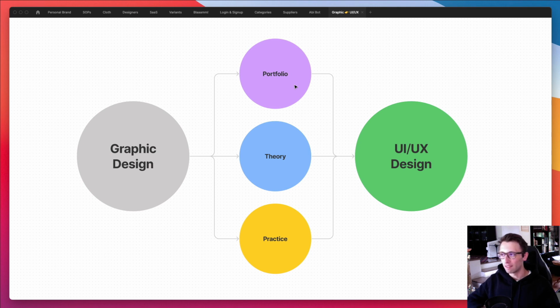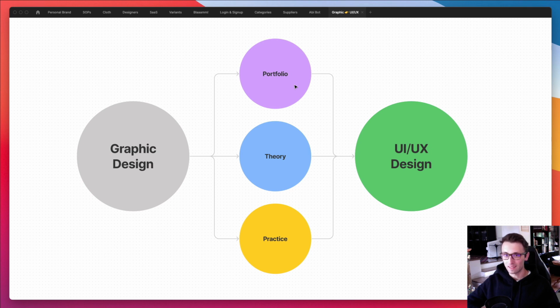I used to have a lot of graphic design work in my portfolio, and I was applying for UI UX projects and looking to work on websites and things of that nature, but I had a low conversion rate, and one of the main reasons was that I was showing potential employers work which wasn't in line with what they were looking for. So this would be one of the most important things to change right away.